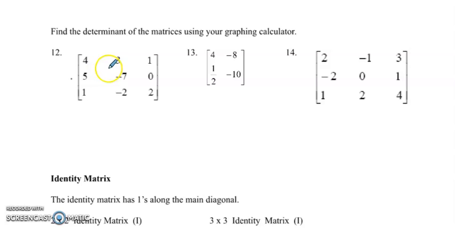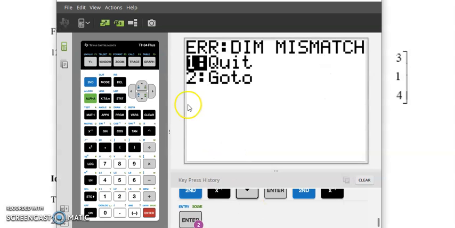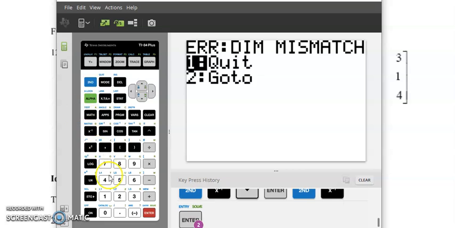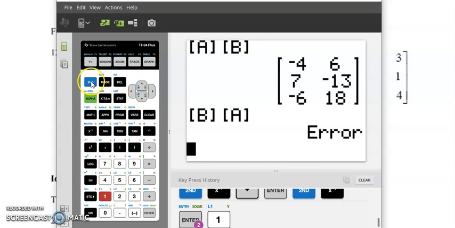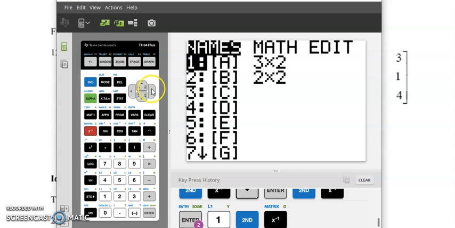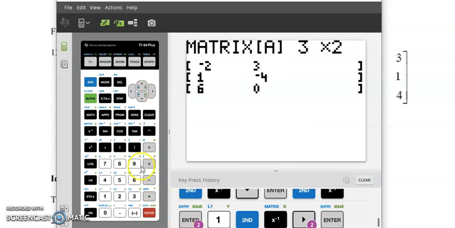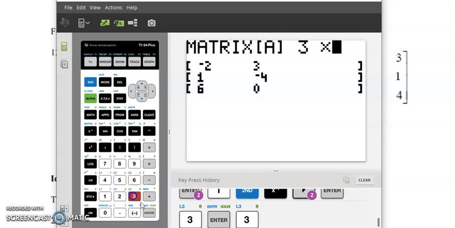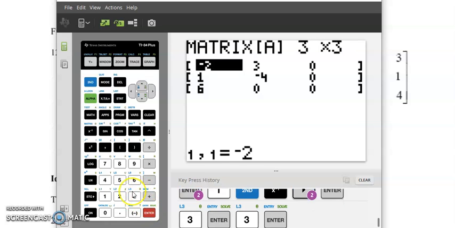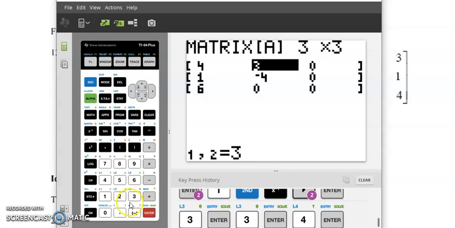So if I want to find each of these determinants in my calculator, I'm going to open up my calculator again, and I have to enter each of the matrices. So the very first one, I'm going to go to Edit, and I wanted a 3x3 matrix, and remember after each item I have to type in the enter sign.